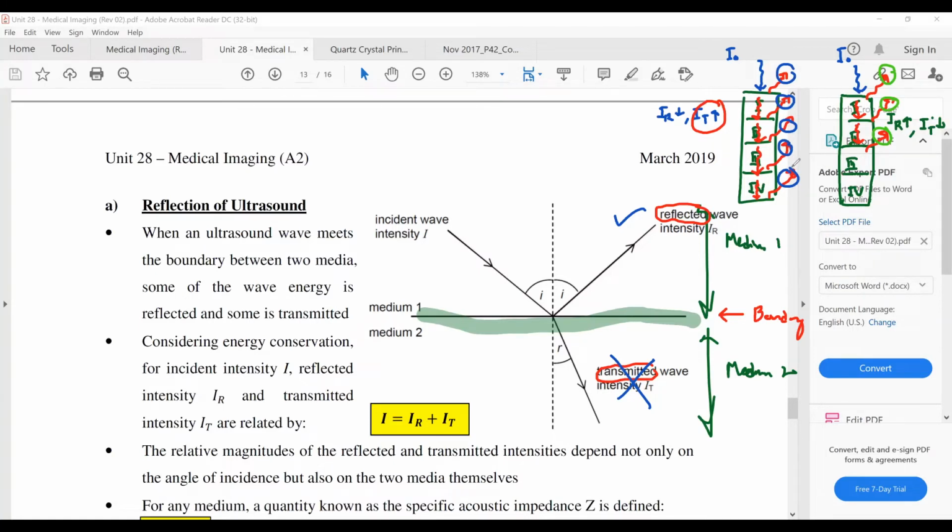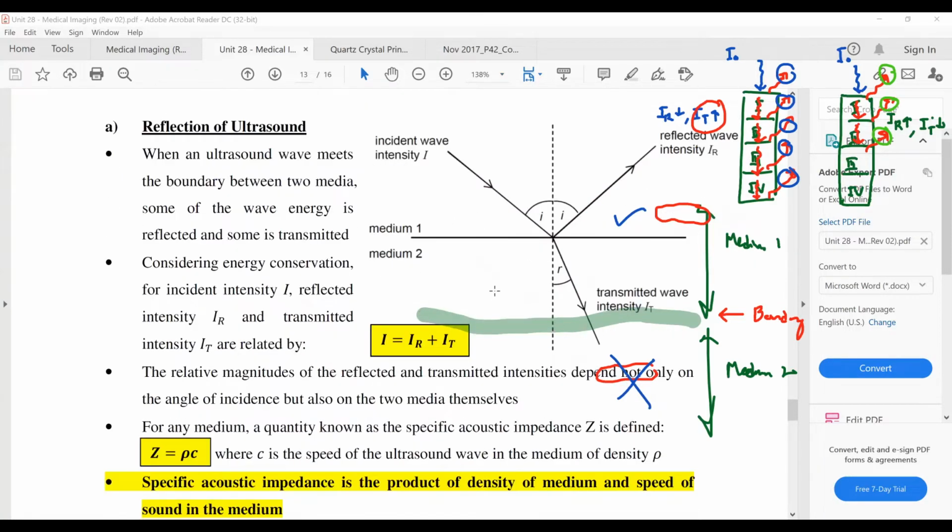So the gist is that for the intensity of wave that is reflected, we only need a little of it in order to produce an image of the body structure. We do not need a lot. And at the same time, we also need the transmitted intensity to be very large, so that it can go deeper and deeper into our body structure to be able to scan deeper.